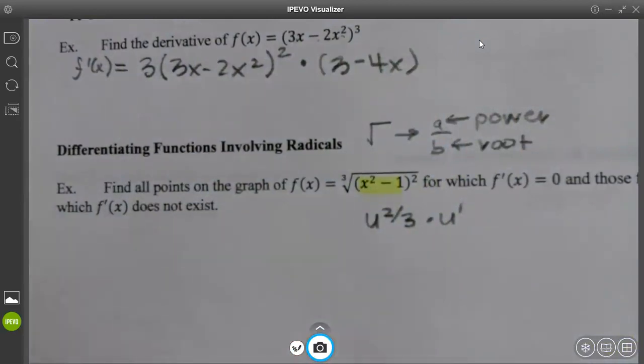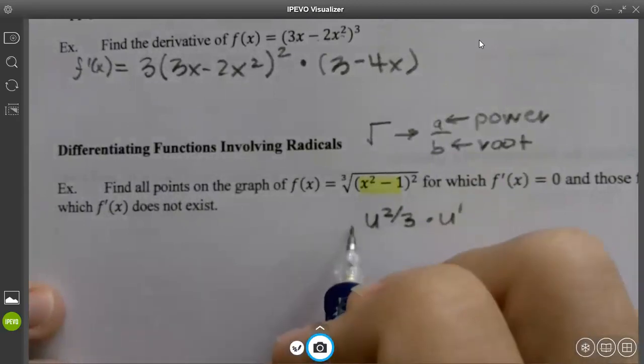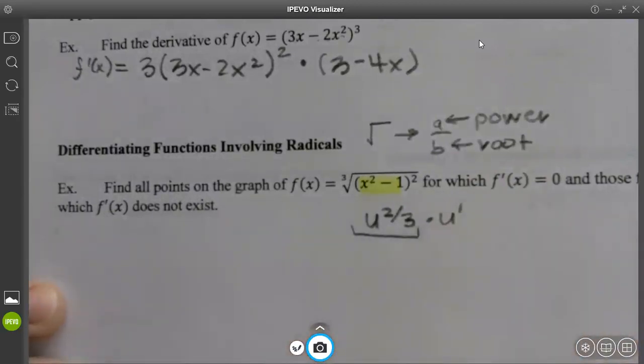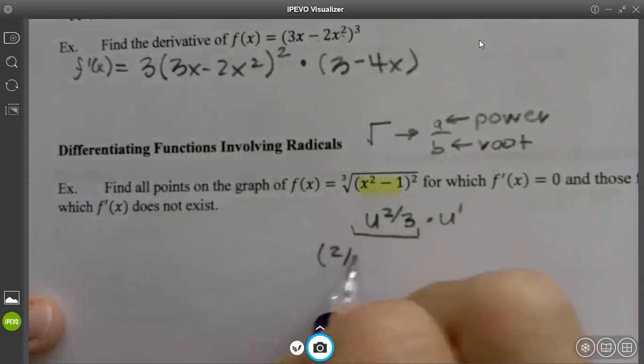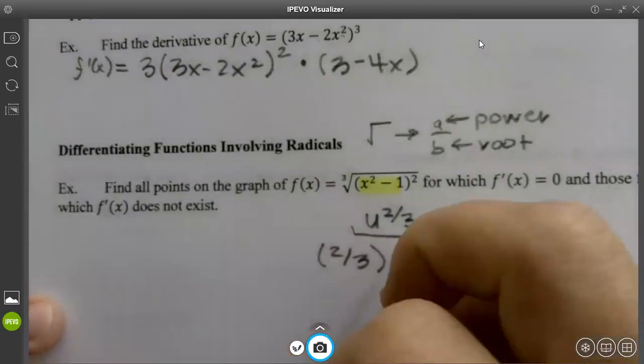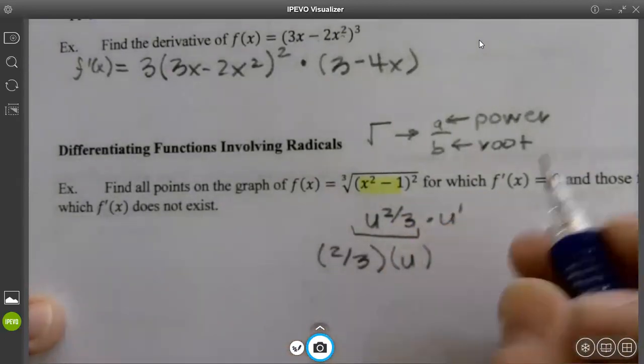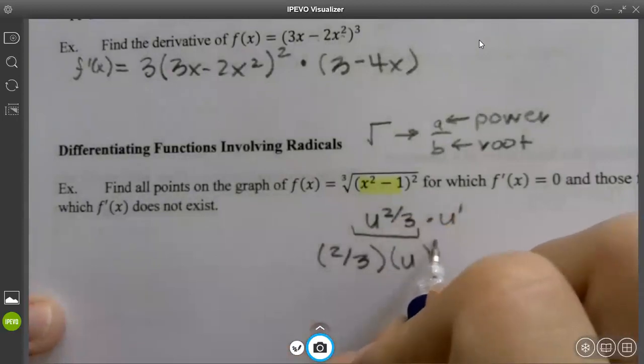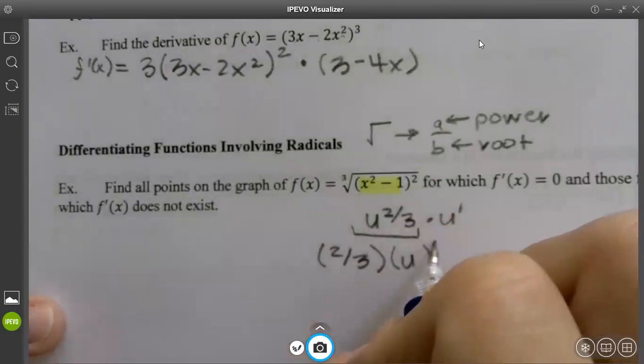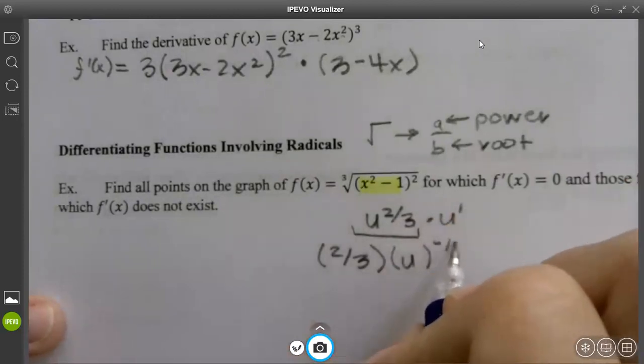That's what u is. So how do I differentiate this part right here? Treat it like x to the 2/3. Bring the 2/3 down. Times u to the, what's 2/3 minus 1? Negative 1/3.